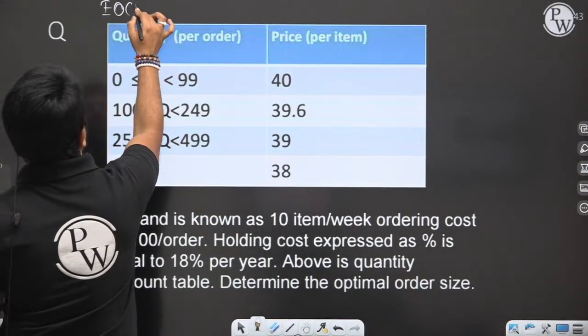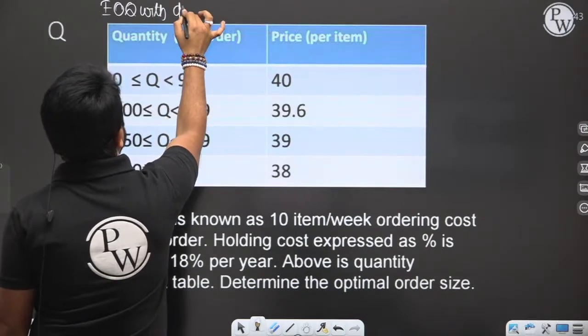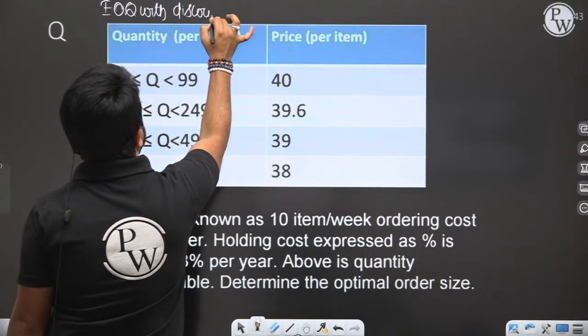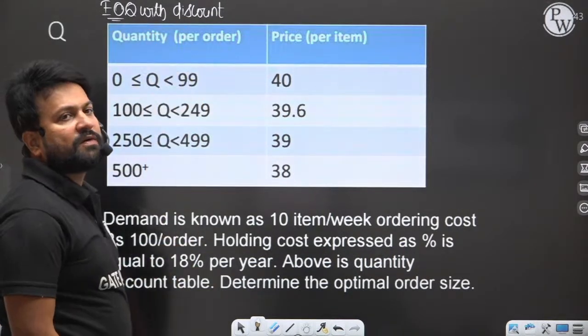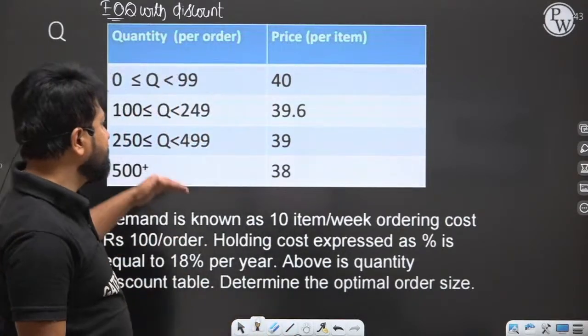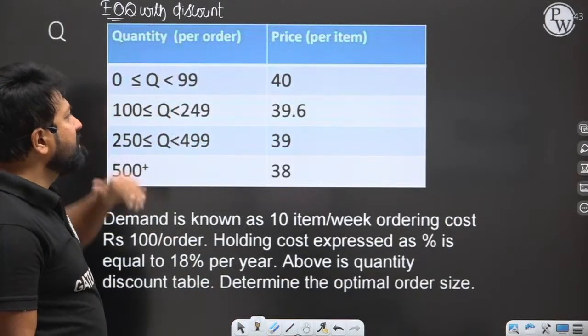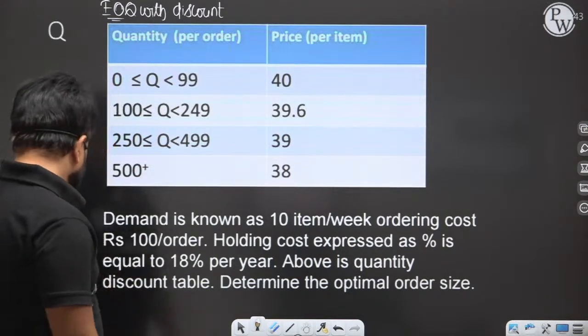Now find out first of all the economic order quantity in each range.